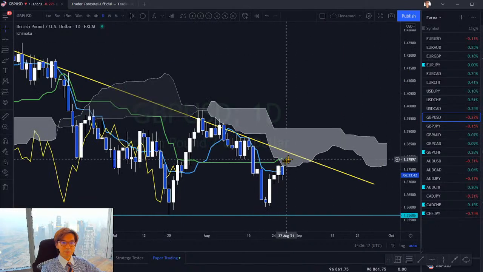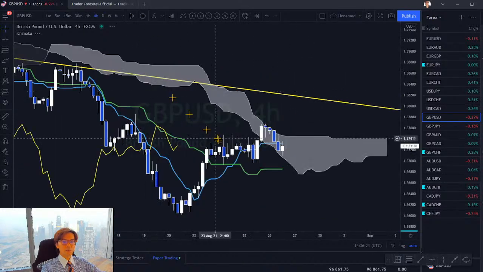Kumo, Kijun-sen is up, Chikou span touching, so we don't look at this one. In the four-hour chart, it's flat too. The price is in the Kumo, Kumo flat, Kijun-sen flat. So it looks like pound dollar is ranging now, so we just stay away in this market. Very simple and powerful way to look at the market by Ichimoku, like this.